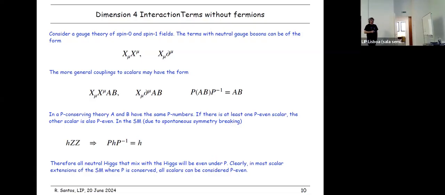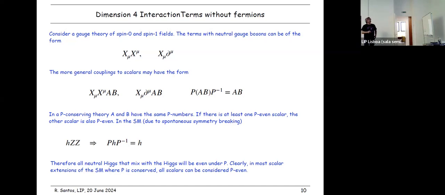You take the action, you take the Lagrangian, and for instance, you probably remember the Klein-Gordon equation. What do you have in the Klein-Gordon equation? You have a derivative, and then a phi, and then another derivative, and then another phi. These four things need to be dimension 4, which means that each one of them has dimension 1.